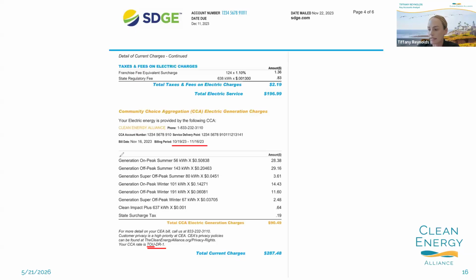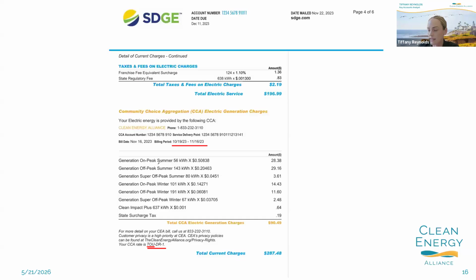And this bill is a little bit unique. I just want to call out here that this only happens twice a year when we switch from summer to winter rates. So normally you won't be seeing this charge twice. Normally it would just be here. But in this case, what's happening is we're switching from summer rates over to winter rates.